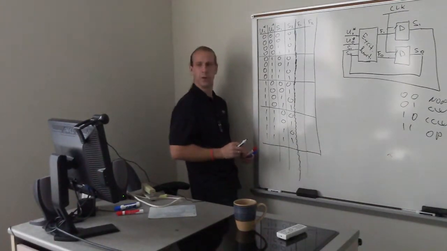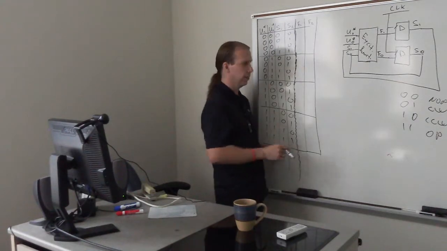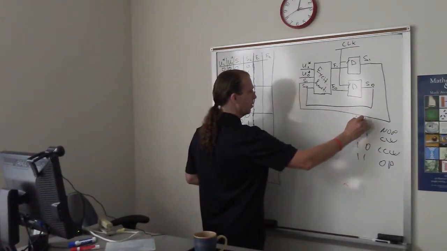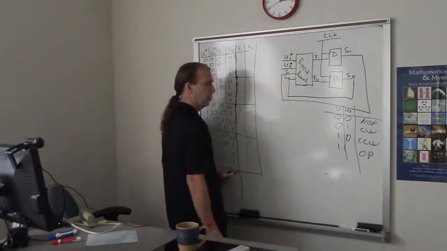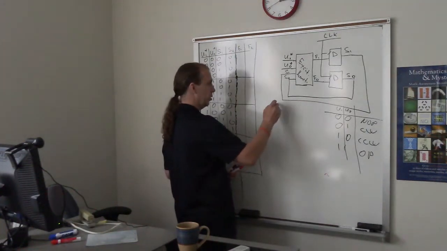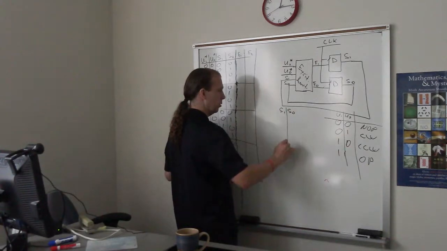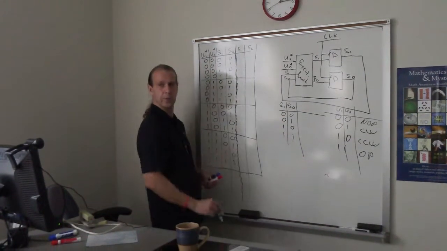So far we're only talking about states in the form of A, B, C, D. So now we want to make an assignment. This is U1, U0, and this is what we use for input encoding. For the state encoding we say S1, S0, and the 4 combinations are 0, 0, 0, 1, 1, 0, 1, 1. And now we just want to name them.